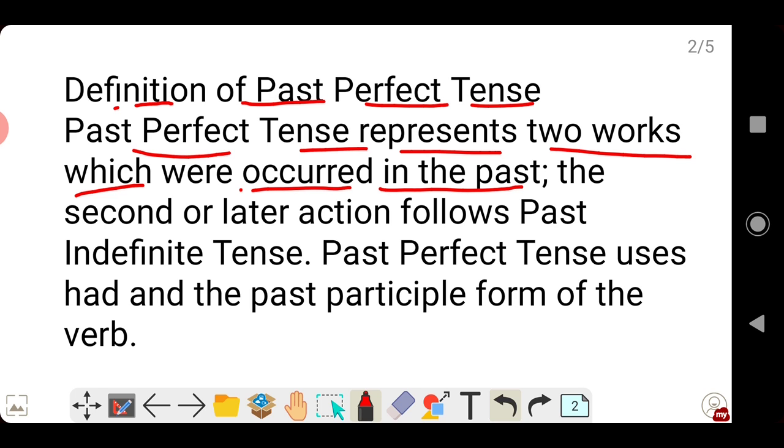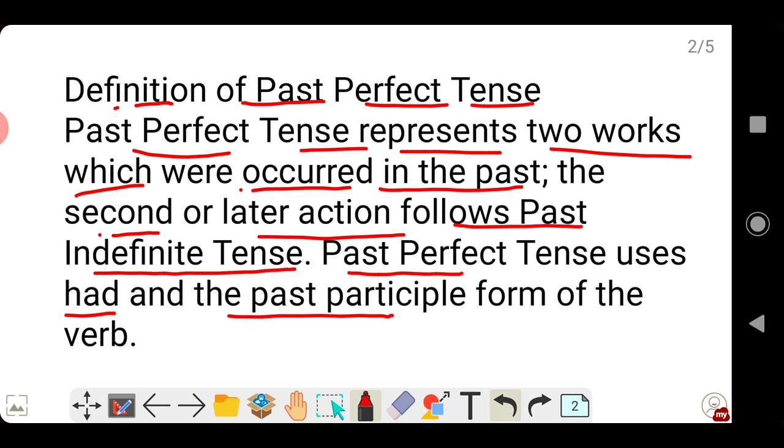Basically it talks about two sentences altogether. The second or later action follows past indefinite tense, and past perfect tense uses had and the past participle form of the verb. Did you get what I'm talking about?